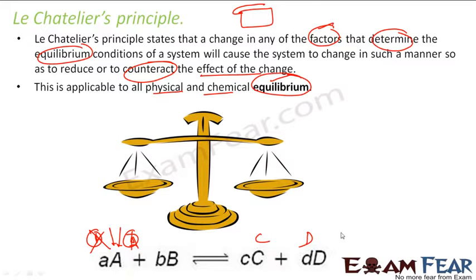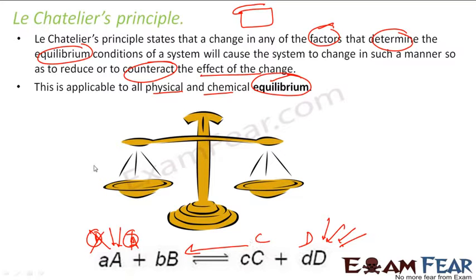Or if you pump in more and more D, the system will move in this direction, and the reaction will happen in this direction, and more A and B will come up to counteract the change, because there has to be a balanced number of moles of A, B and C, D. So if somebody is disturbing that, Le Chatelier's principle talks about how the system behaves such that it counteracts the effect of the change.